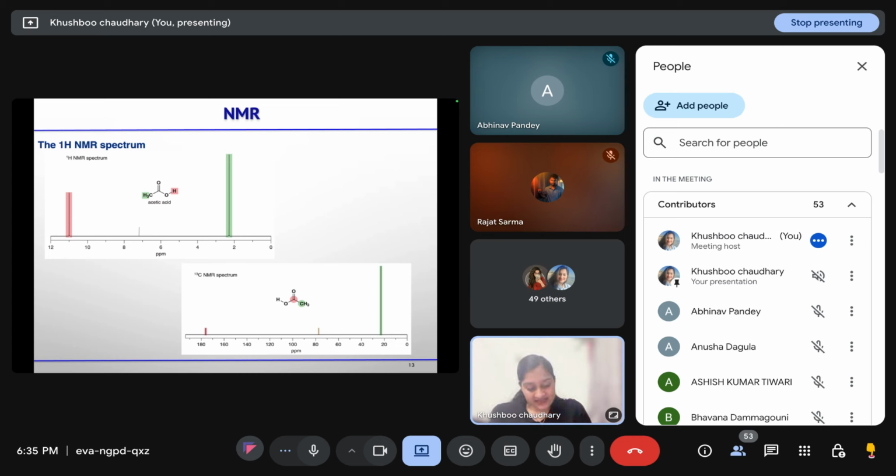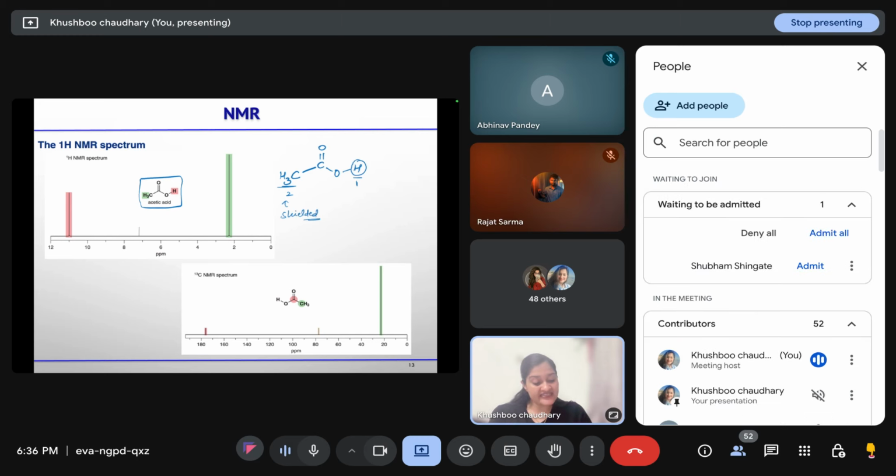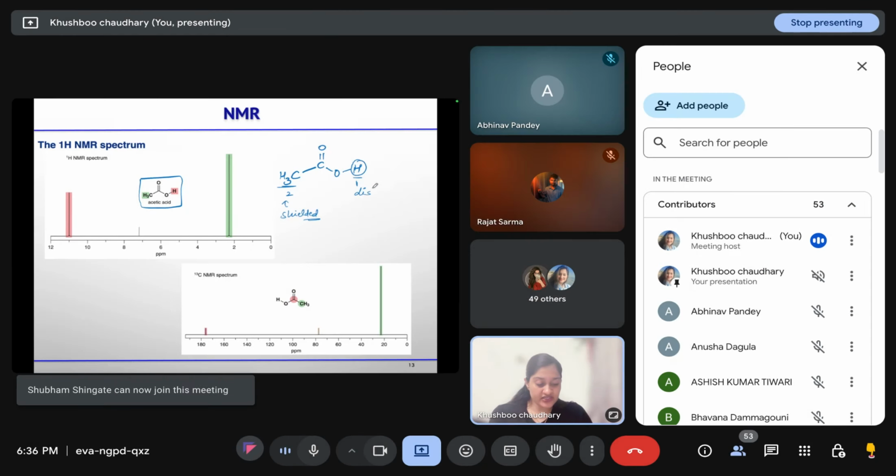Now let us discuss the 1H NMR spectrum. Let us consider the example of acetic acid. In acetic acid, we have methyl protons and a proton of the carboxylic acid. So these two types of protons are there, and there should be two signals in this spectrum. The CH3 protons attached to carbon are shielded on a similar basis as we saw for the carbon, and the hydrogen attached to the oxygen will be deshielded because of the electronegative nature of oxygen.